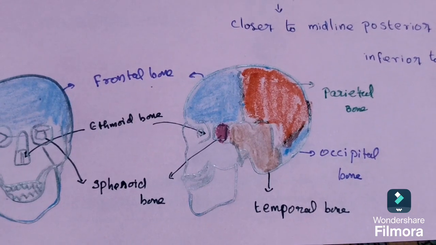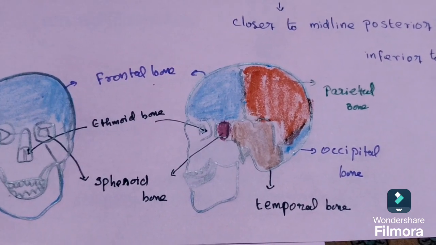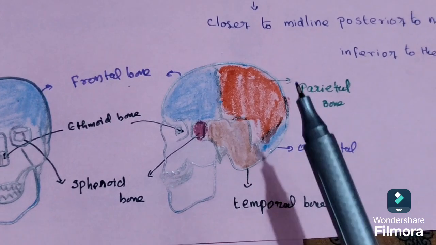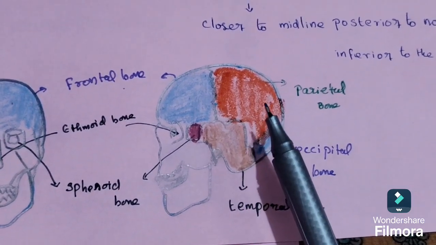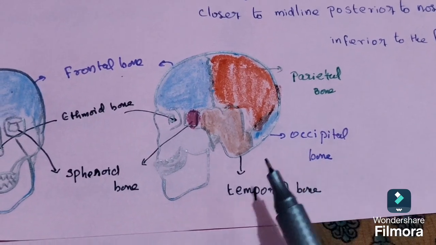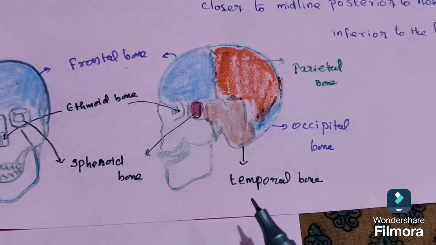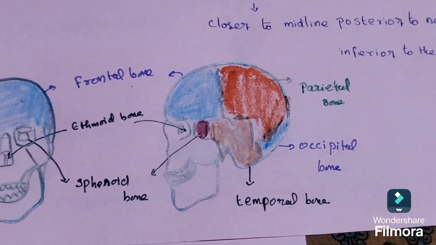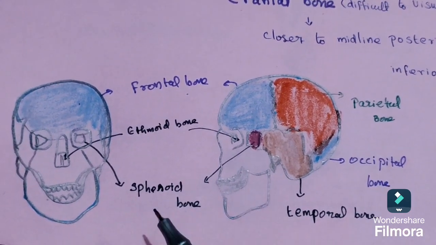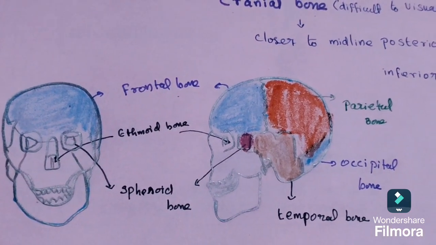The cranial bone surrounding the brain at the front is the frontal bone. The top is the parietal bone. At the back, the occipital bone. Beside the ear, the temporal bone. Anterior to the temporal bone is the sphenoid bone.